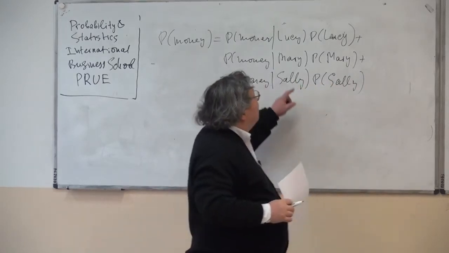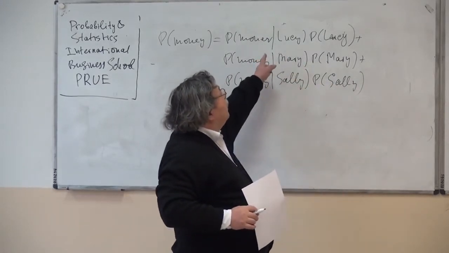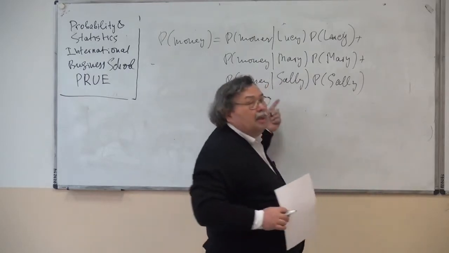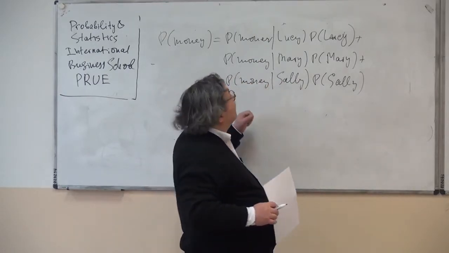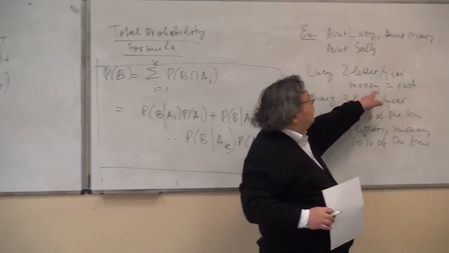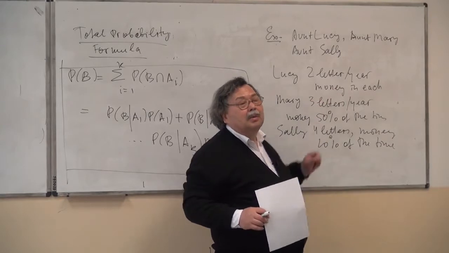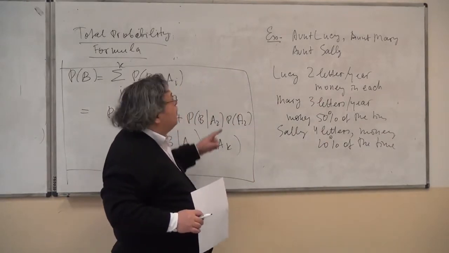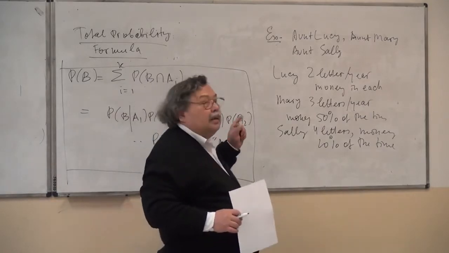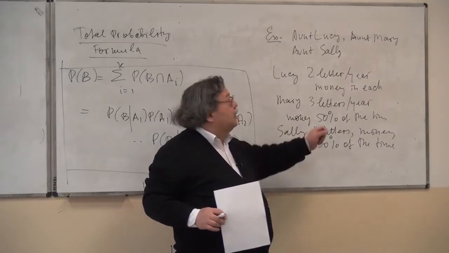Actually, yes. Look at this first term here. What's the conditional probability that there is some money in the letter if it comes from Aunt Lucy? Where do we find it here? Money in each. So the probability is 1. And what's the probability that it comes from Lucy? It's a good question.